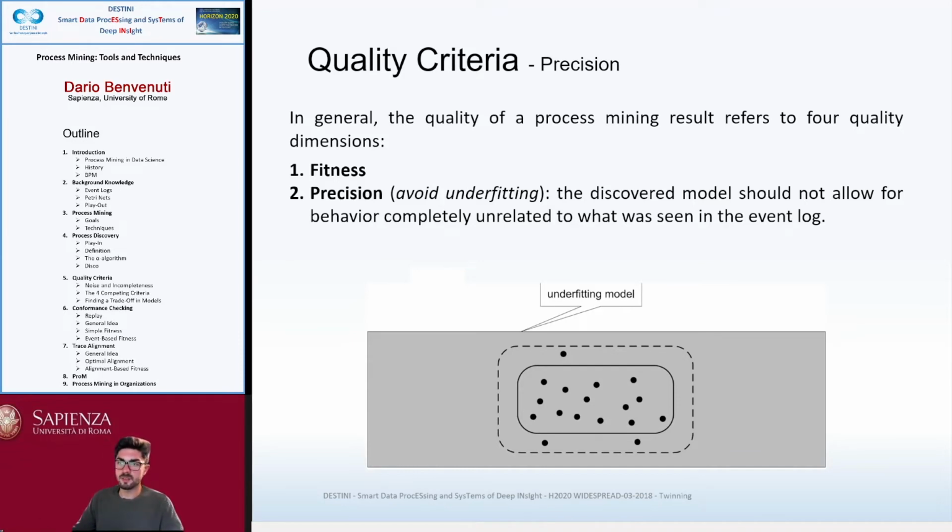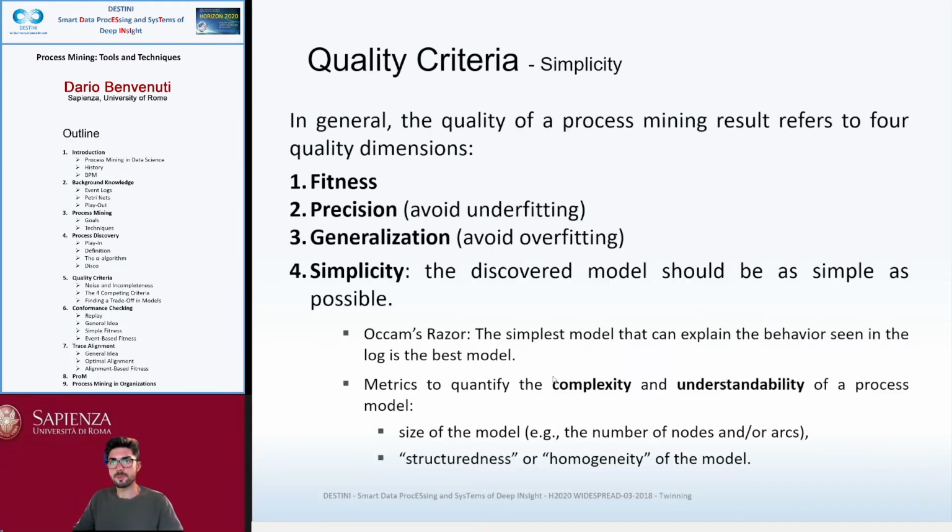With fitness, we were worried about having a model that could not allow some observed behavior to be replayed, while here with precision, we are thinking about the opposite: to have a model that could allow for unobserved behavior. And you can see in the picture here that our model is a superset of all the observed behavior.